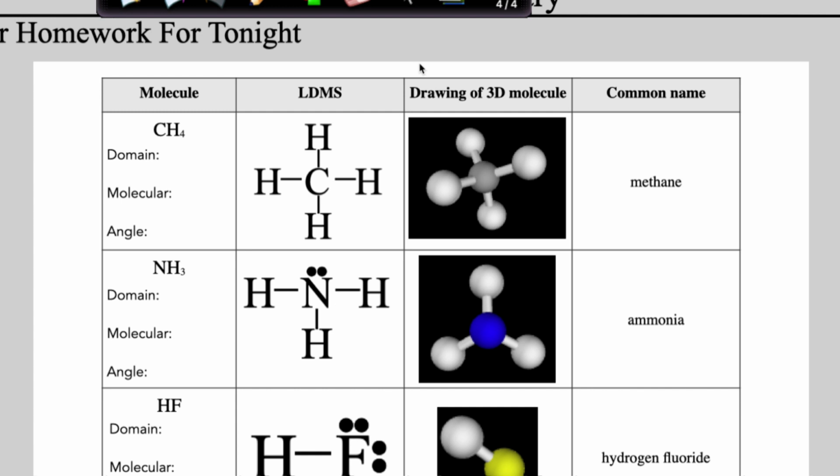But guys, this is what you are going to do on your paper. In this box, you are going to write DG for domain geometry off to the left, MG for molecular geometry, and then put a little angle symbol. So DG, MG, and angle.